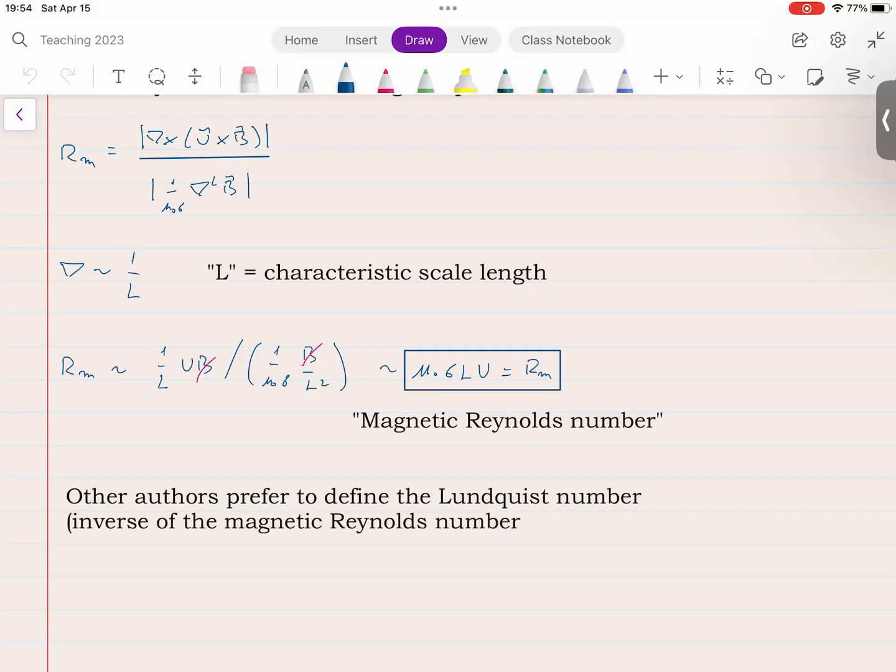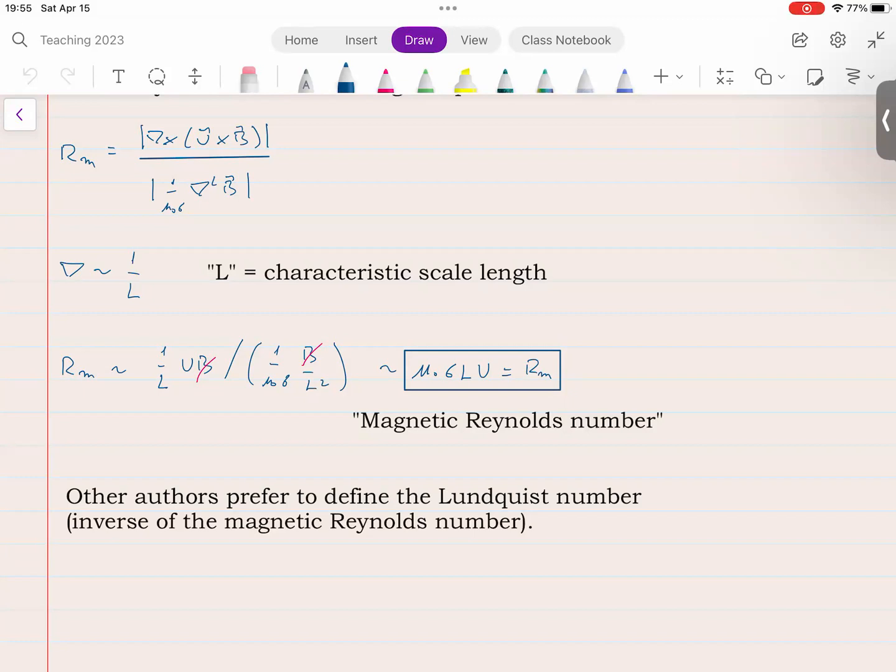I should have mentioned that the magnetic Reynolds number is called that because it's similar to the fluid Reynolds number, the original Reynolds number that gives you the ratio between inertial effects and viscosity effects.